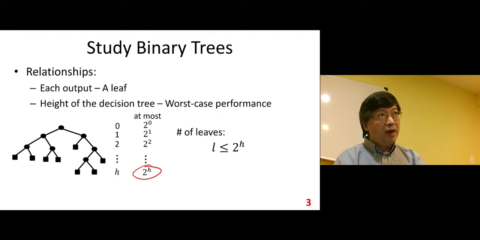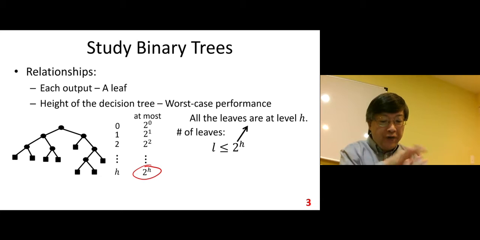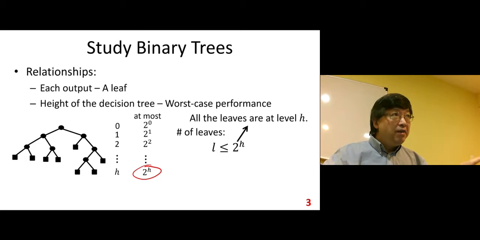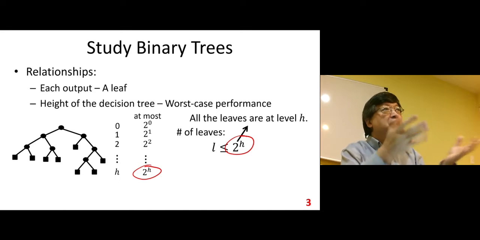First, let us assume a special case: all the leaves are at level H. That's a special case, not the general case. In that situation, how many leaves do we have? This number. Now consider the general case.